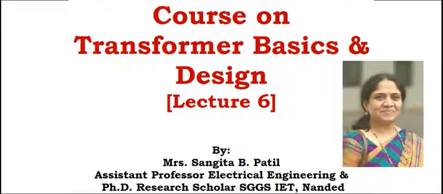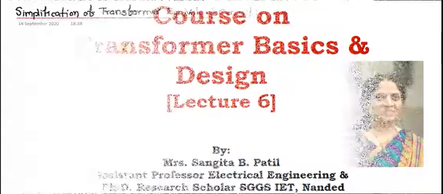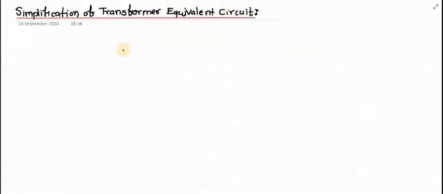So in the last lectures we have studied the equivalent circuit of the transformer and the phasor diagram of the transformer on different load conditions. In this lecture we will see how the transformer equivalent circuit gets simplified for further analysis. We know that there exists a fixed relationship between the voltages and currents in the primary and the secondary windings of the transformer.